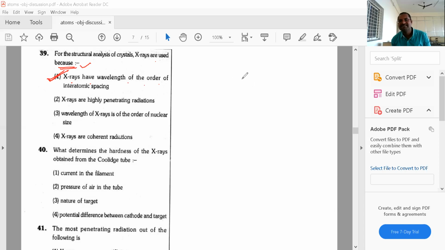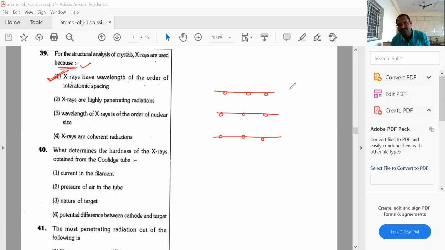Structural analysis with X-rays uses Bragg's equation, Bragg's studies on crystal structures. We have studied simple cubic system, FCC, BCC. These all things we have studied. Here layers will be there, and atoms will be there. Have you studied in chemistry?